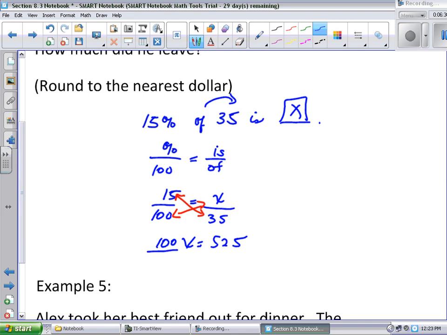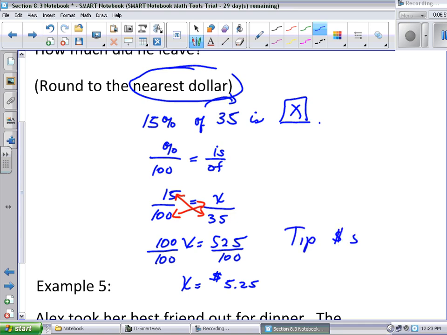And so when I divide both sides by 100, I'll get x is equal to $5.25. Now, we were asked to round it off to the nearest dollar, so the tip is actually going to be a $5 tip when it is rounded off to the nearest dollar.